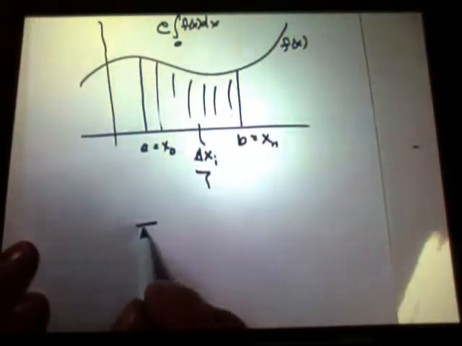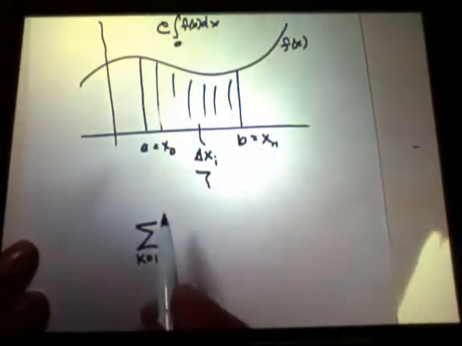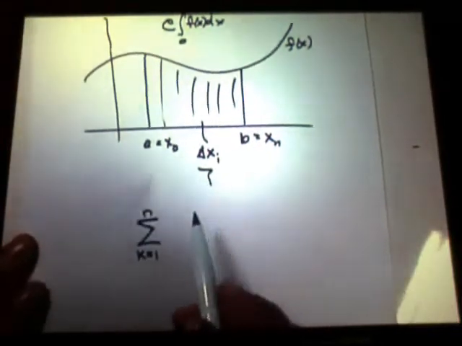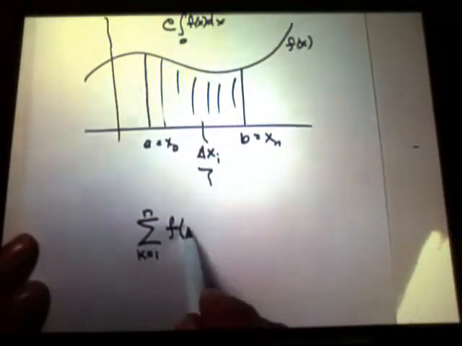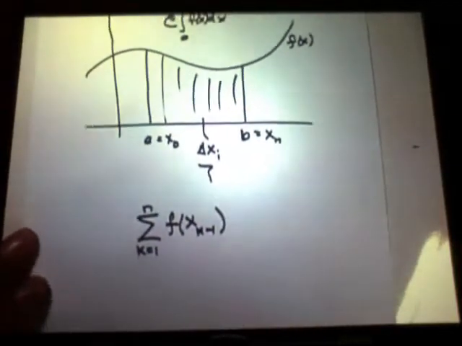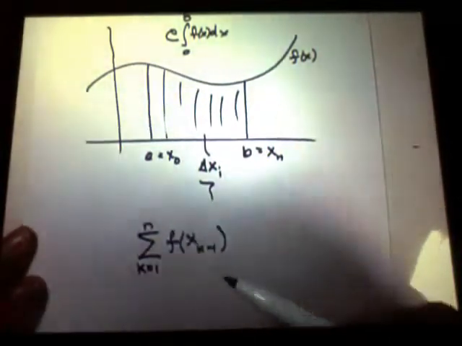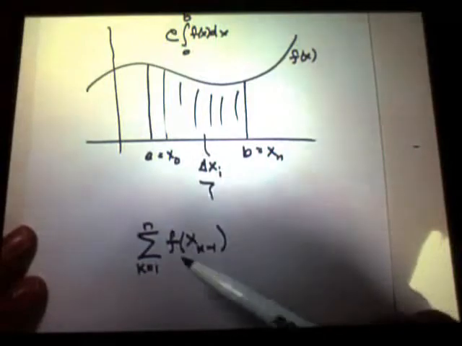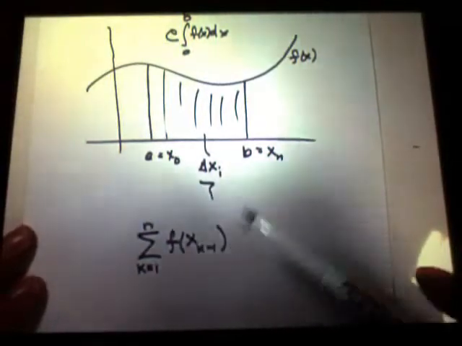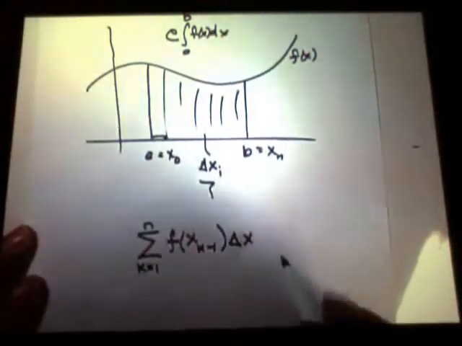If we take a sum, k equals 1 to n, and we evaluate the function at the left side of the elementary rectangle, for example, the very first rectangle has height f of a and width whatever the first little jump was.